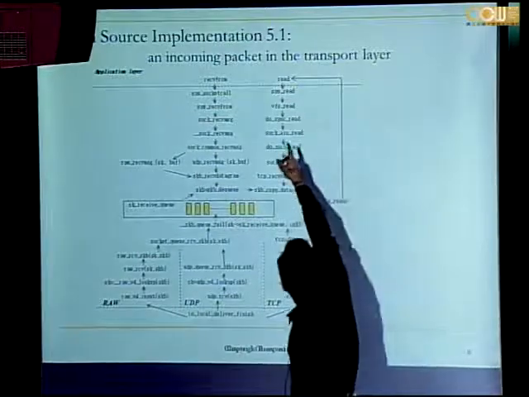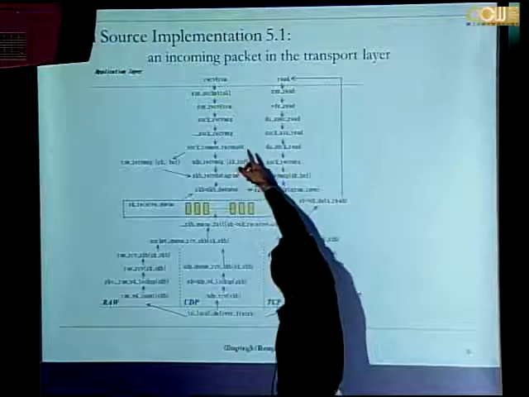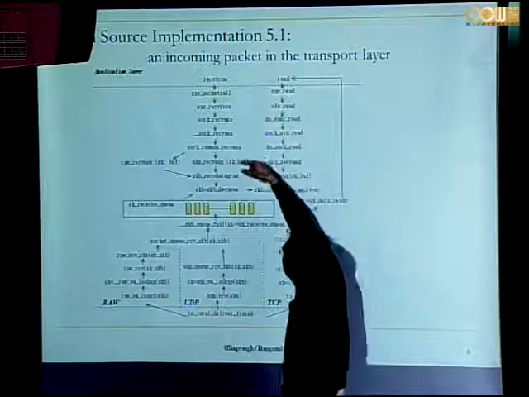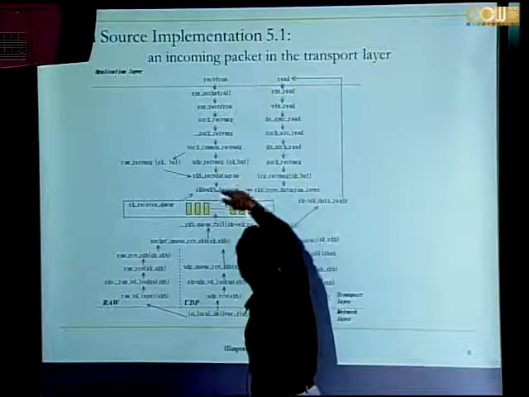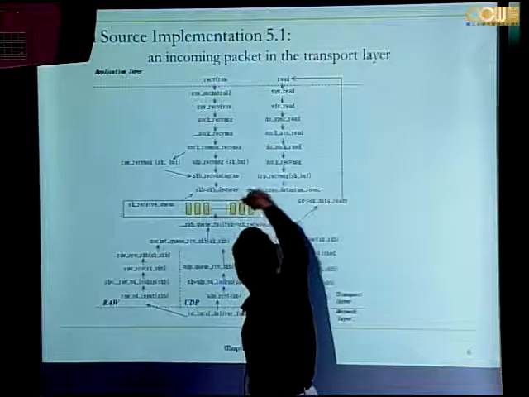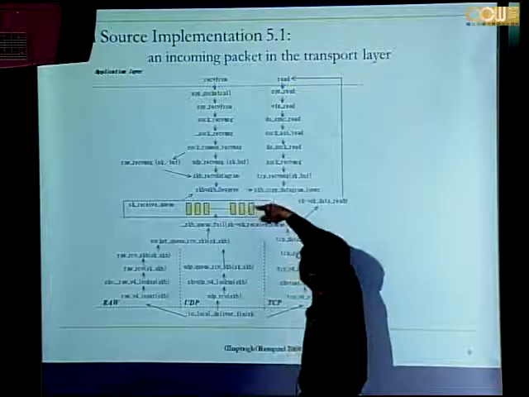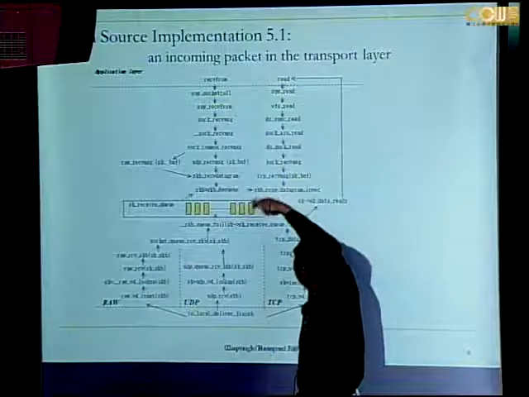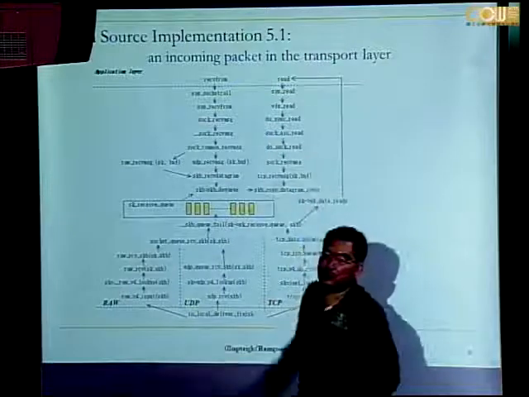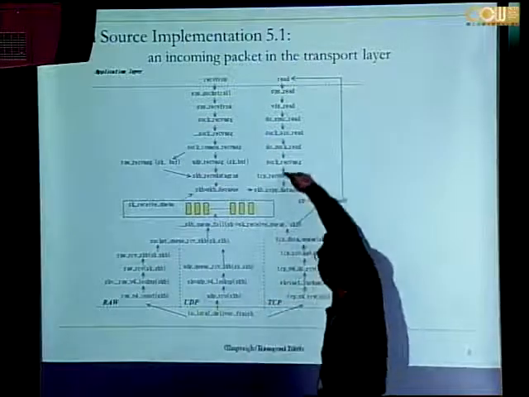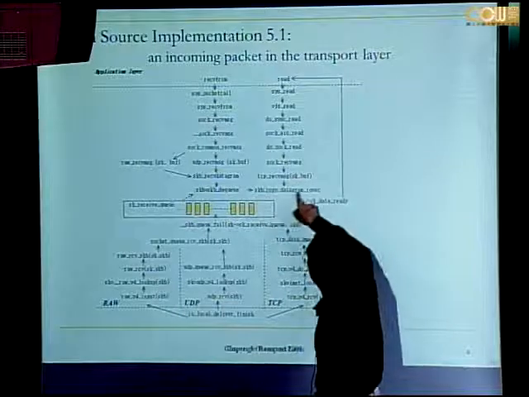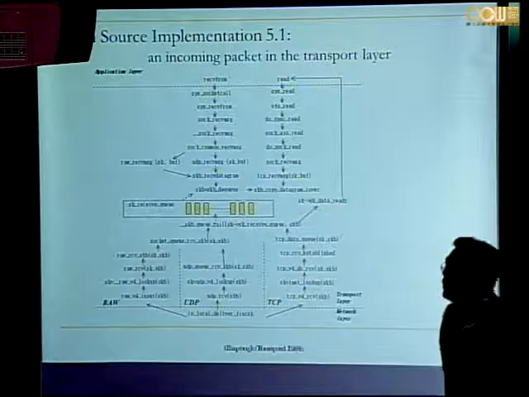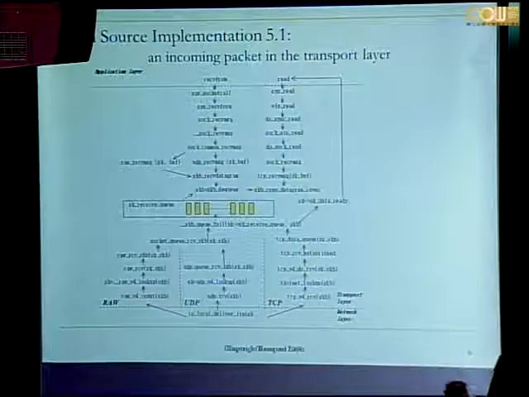If the application calls the system call read or recvfrom, it will call this function, and then eventually it will copy the packet in the queue, within the kernel, into the user space, into the space specified in the application program.